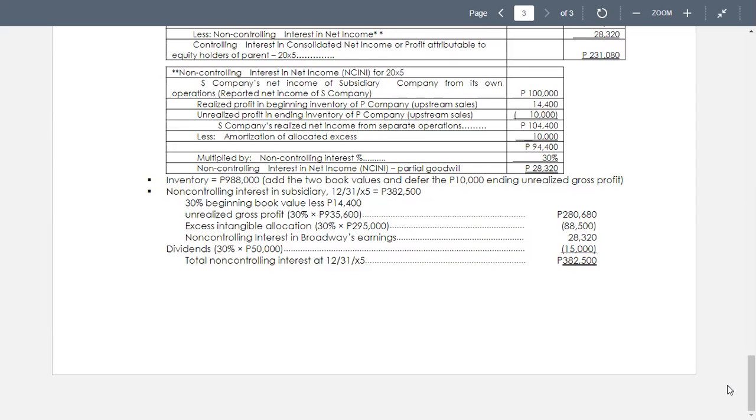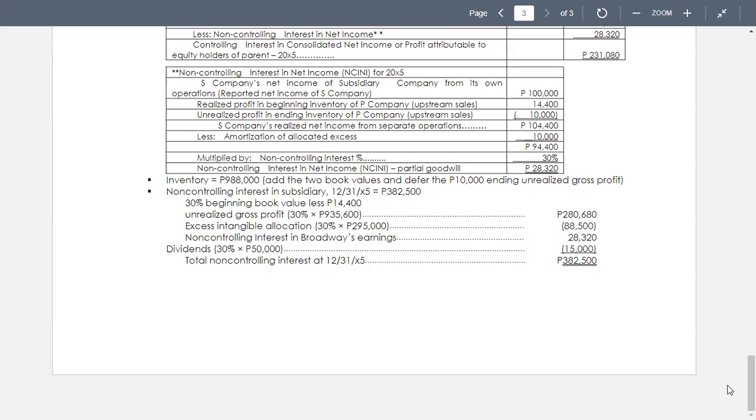Now, the important facts in the problem that we have to consider, aside from the given balances at December 31, 20X5, are that PT's ownership is only up to 70%. And SS had developed a customer list worth 65,000 unrecorded.